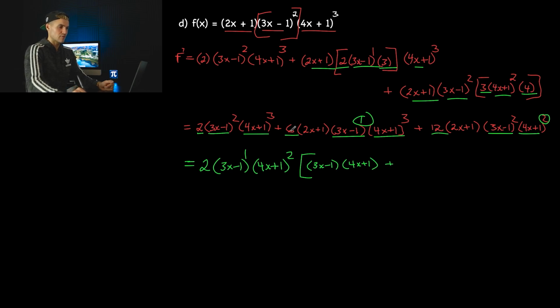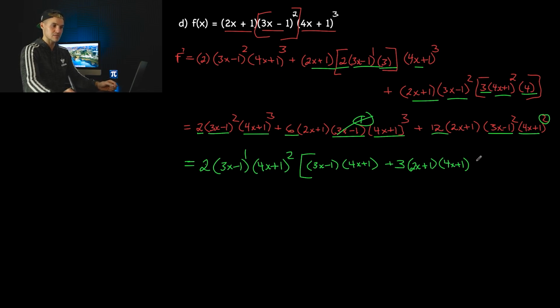Plus, from the 6, we took out a 2, so there's still a 3 left. There's still the 2x plus 1 left, right? We didn't take that out, so that would still be there. The 3x minus 1 to the power 1, we took that out, so that went away. And then 4x plus 1 to the power of 3, we took out only 2, so there's still a 4x plus 1 left there, right? Because we only took out 2 of them, but there are 3 of them.